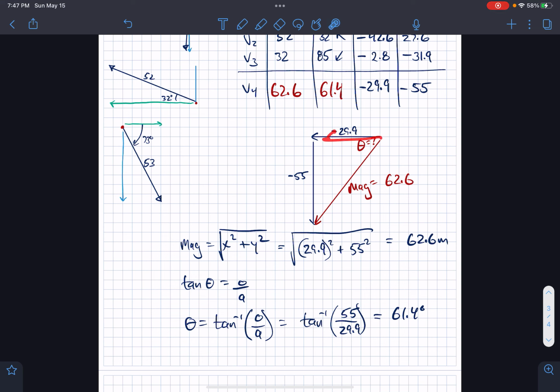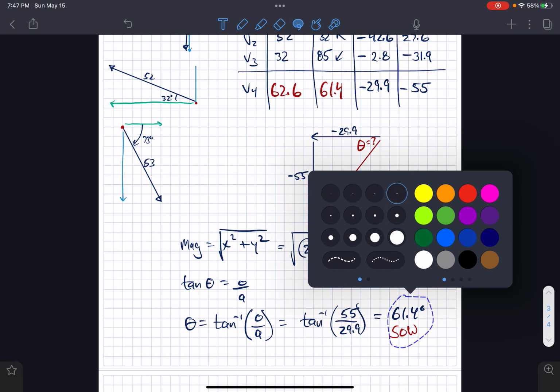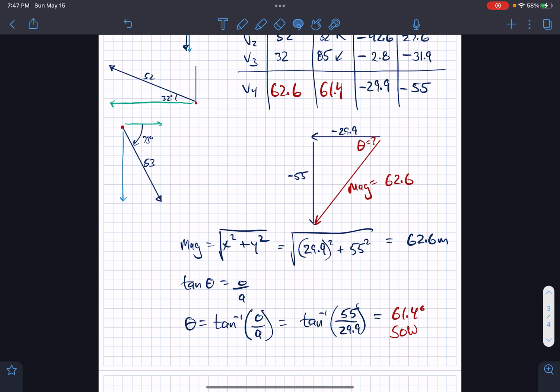Well, we've got a negative x, and we've got a negative y, right? Negative x, negative y. That must be south of west, right? Because this is west and this is south. So our angle measured from the horizontal is south of west. South of west and south of west.